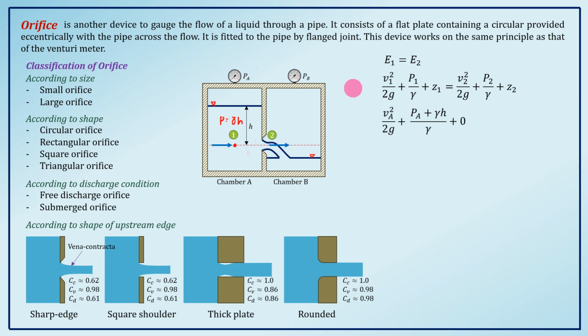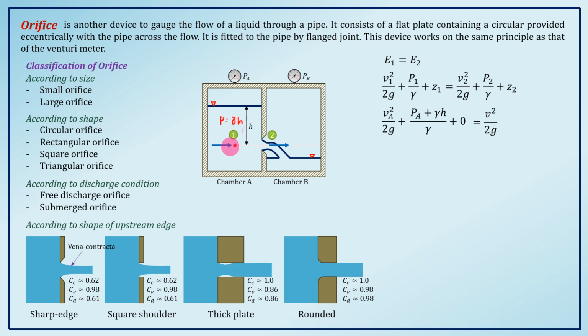Then for V2, V2 is the velocity measured at our orifice, so let's say V2 is equal to V. So we have V squared over 2g. For point 2, the pressure is exposed to air, and since we are using gauge pressure, the P in the Bernoulli's energy equation is due to the air only, without the pressure due to the liquid.